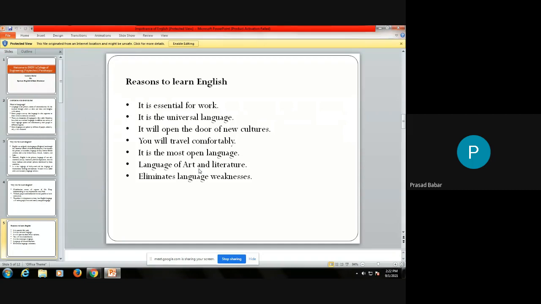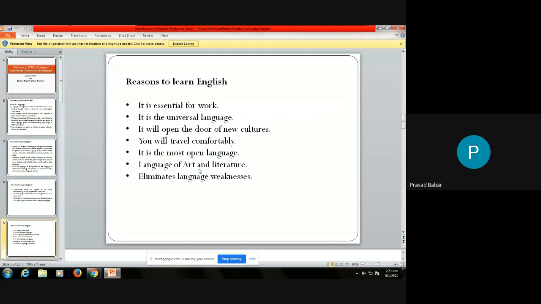If we want to search any type of foreign literature or world literature, it will be found only in English, because English is the only language which is spread all over the world, in each corner of the world. So that is why it is the language of art and literature.